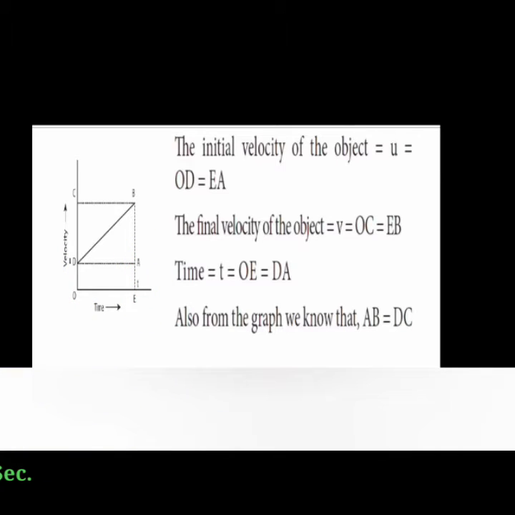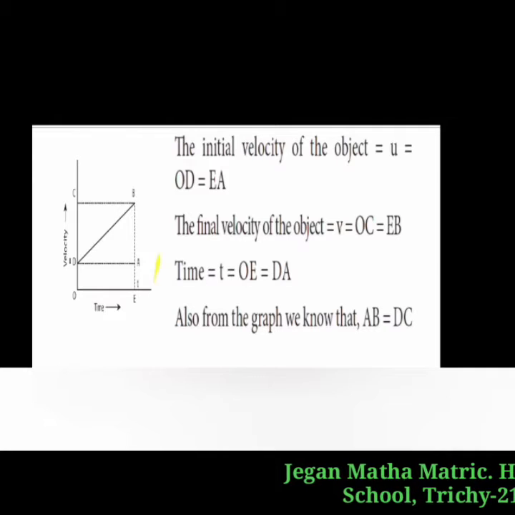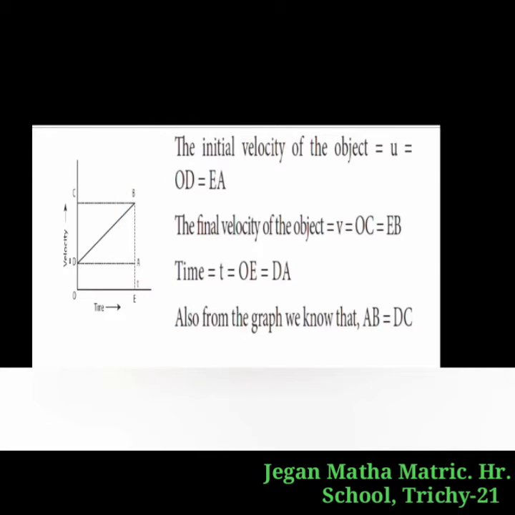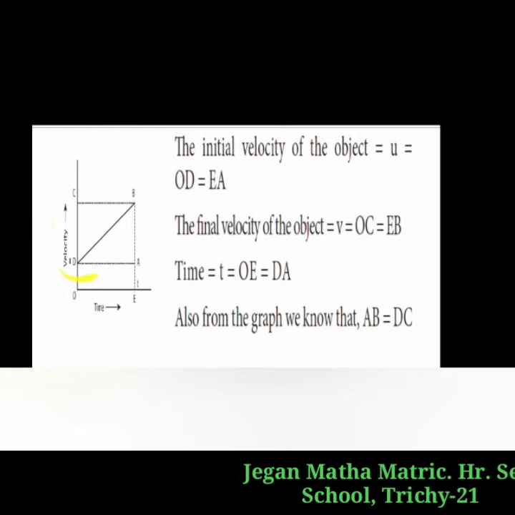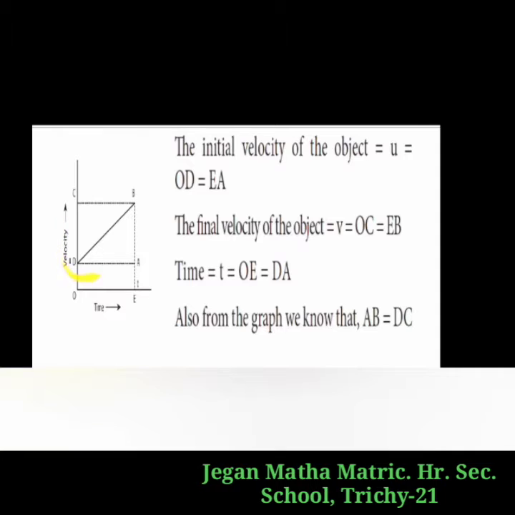The final velocity of the object v, OC, is equal to EB. Here time is t, that is OE is equal to BA or CB. So from the graph we know that AB is equal to DC.